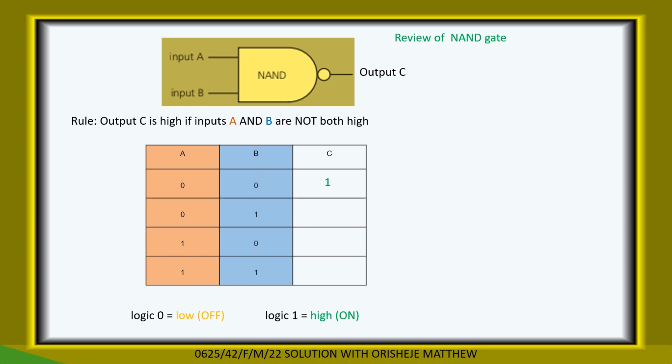If one of them is high, it's going to be high. If the other one is high, it's going to be high. Then what about when both of them are high? Then AND is going to give you high, and the NAND gives you not high. So logic 0 means low or off, while logic 1 means high or on.